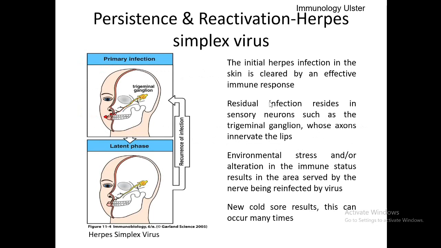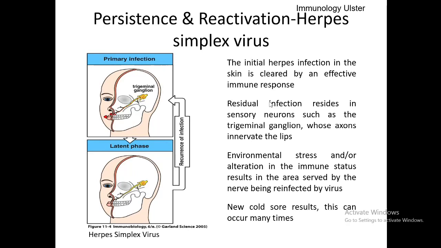This is the example where you have the primary infection at the lip, and then in the latent phase, the virus struggles to deal with the immune response, so it makes its way up the ganglion or the nerve, and it'll stay in that nerve until that individual is immunosuppressed again.